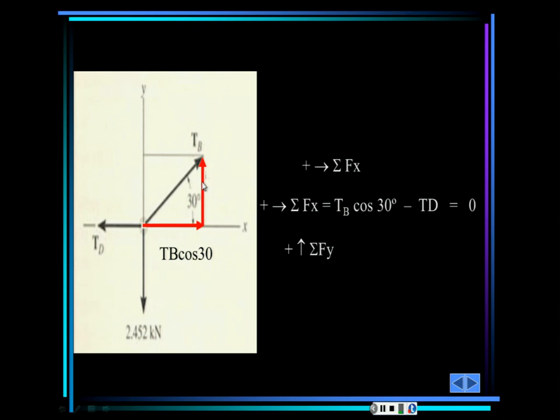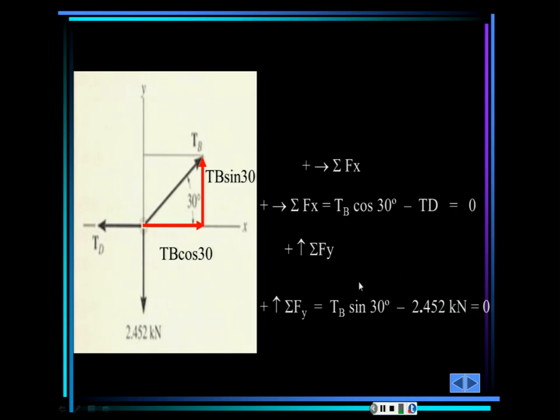Of course, this force is not acting here, it's acting at the particle, but this distance and this distance are the same, so the value of the forces are going to be also the same. And it's positive because it's pointing up. And this other force that we have here is negative and it's acting downward. So our equation of equilibrium is TB sine 30 minus 2.452 kilonewton equals 0.